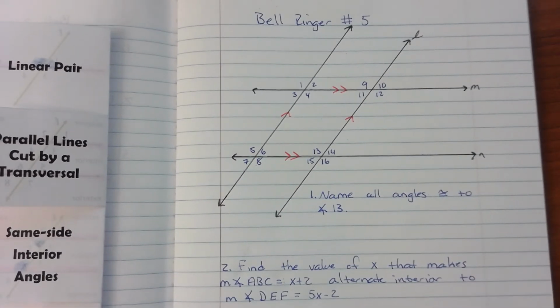What other number? 7? Okay. So is 13 and 7 congruent? Huh? Why? No, they're not congruent? So pick another number.